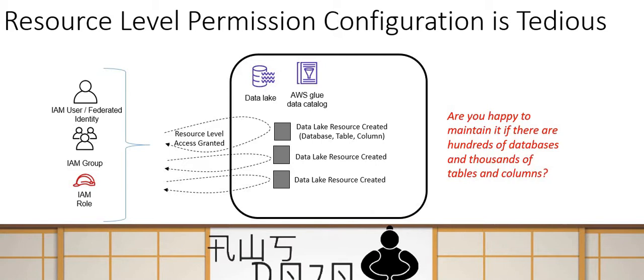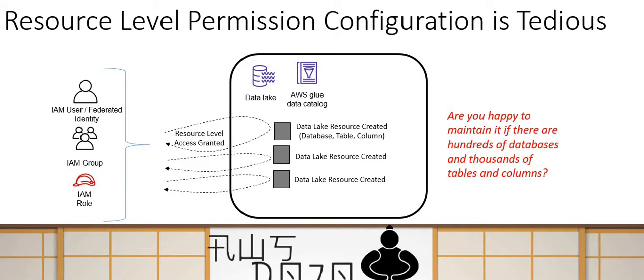It starts looking a little unmanageable, because every time you create a resource, every time you update a resource, or want to update the access of the resource, you have to grant resource level access for all the IAM users, groups, and roles which are the principals using the data lake.